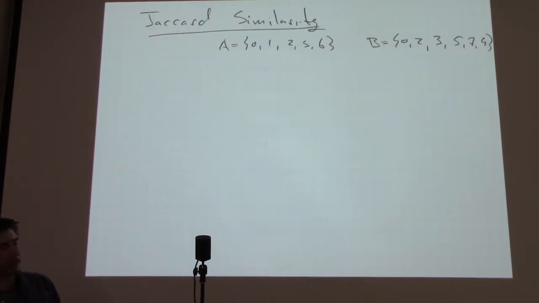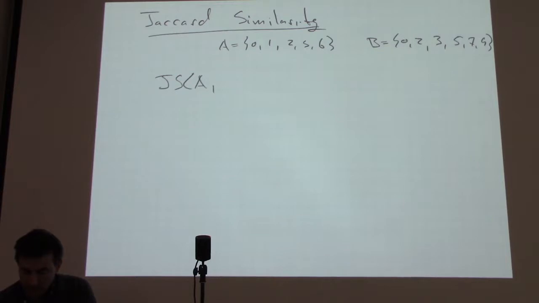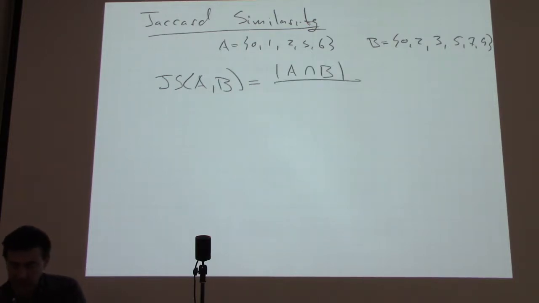But they're just integers for now, and it turns out I did not need to define what domain these sets are over. We'll come back to that point. But if you're confused about that, say they're integers between 0 and 9 or 0 and 10; it turns out it's not going to matter. Now, the Jaccard similarity of A and B is going to be defined as the size of A intersection B divided by the size of A union B.